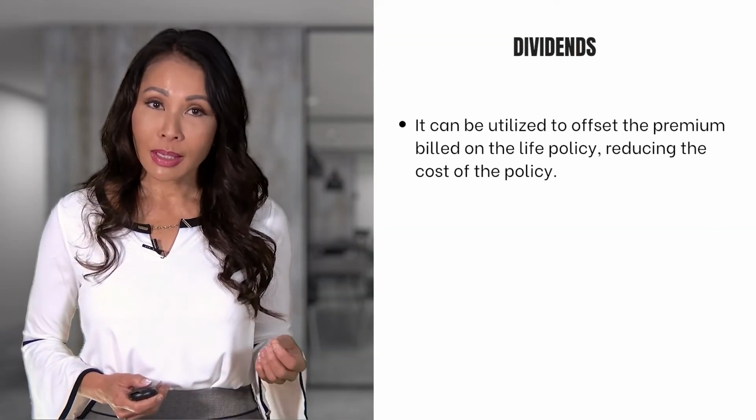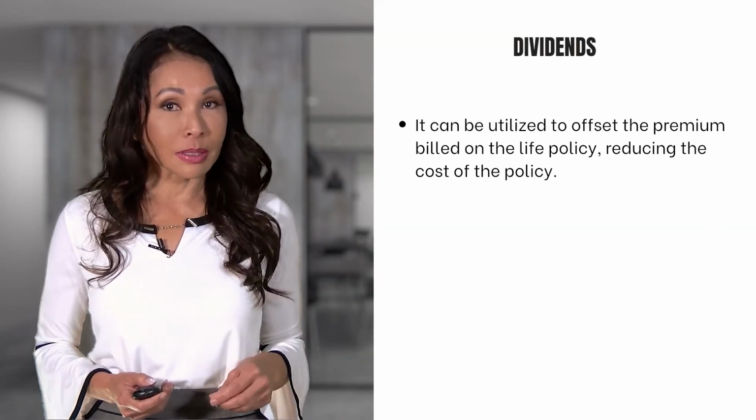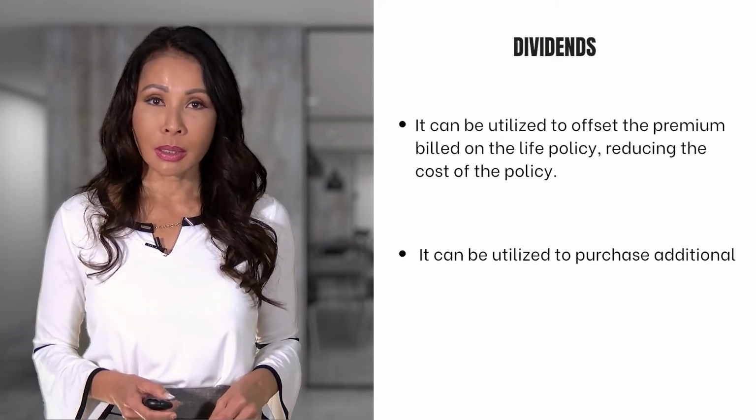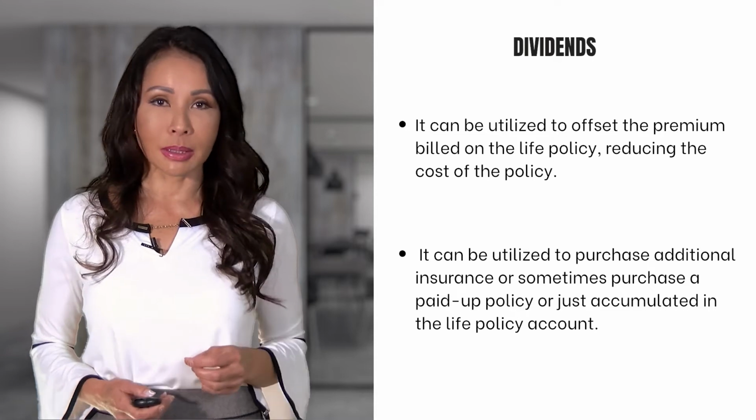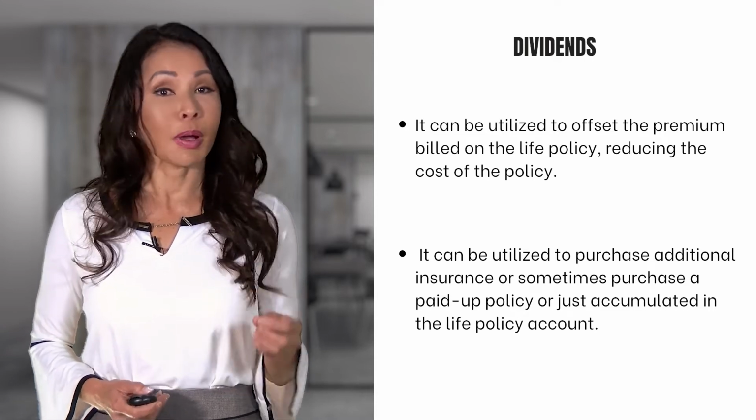It can be utilized to offset premium billed on the life policy, reducing the cost of the policy, purchase additional insurance, or sometimes purchase as a paid-up policy, or just accumulated in the life policy account. When choosing the accumulated option, the insurance carrier may offer an interest on any principal in the account. Of course, any interest earned will be taxable. Which option the client chooses will be dependent on their need and financial strategies.